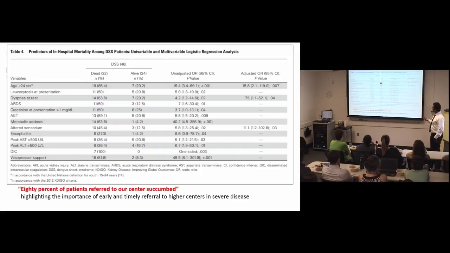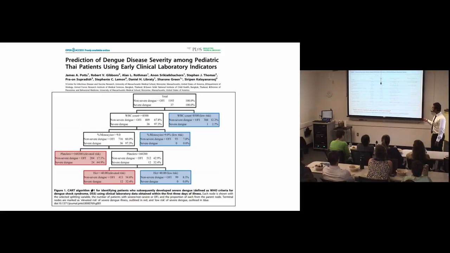Although the numbers are small, so they have not calculated the odds ratios, these are all detrimental in dengue. One important statement they made in their study is that 80% of the patients referred to their center succumbed, which is a pretty big figure when it comes to mortality. So we have to concentrate on these people who get transferred as well. There must be some problems in the transfer. They have not specifically mentioned the problems they faced during the transfer, but it's an important area to look at.